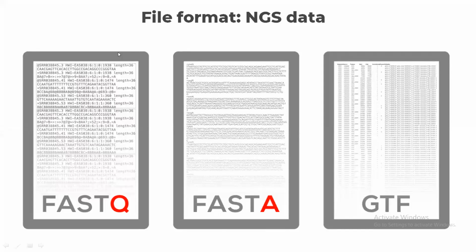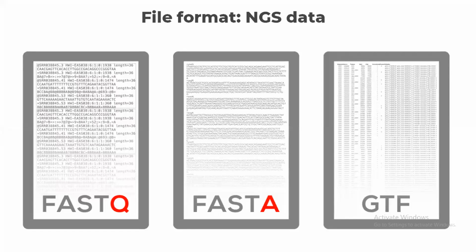There are different file formats in which NGS data is stored. Let's understand one by one what each file format means. First, the FASTQ file provides us with the reads from the sequences. It is a text-based file format that stores reads, nucleotide sequences, and the quality score related to each nucleotide. Then the FASTA file is also a text file.